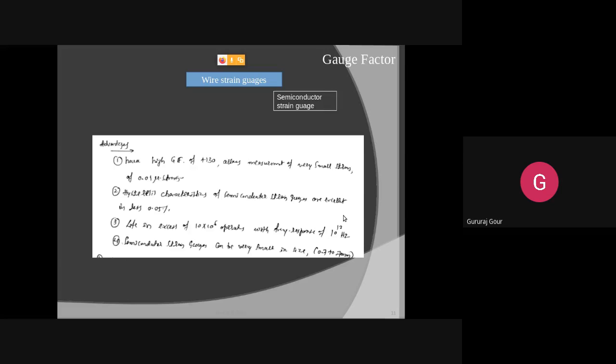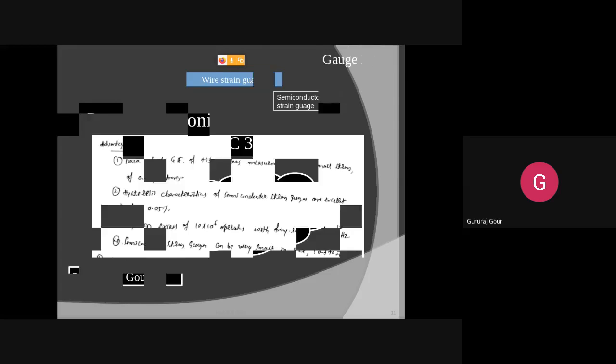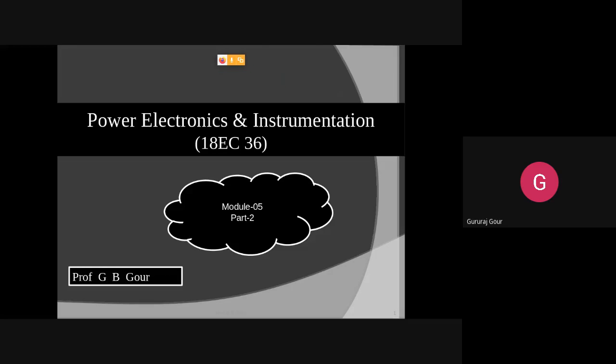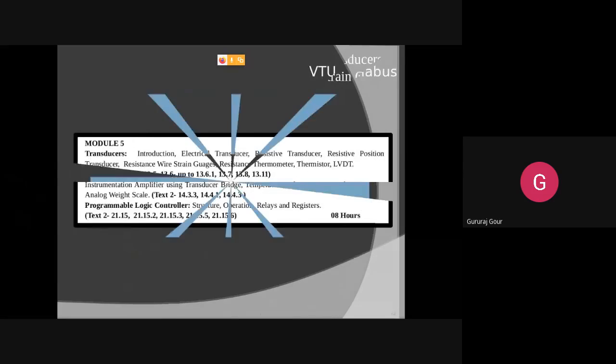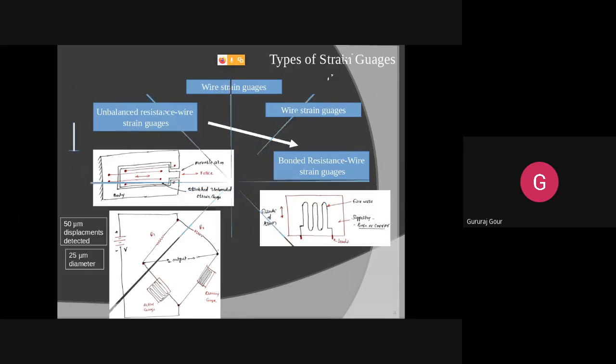So in this way, today we have seen how to define strain gauges, why we are going to study strain gauges, and how to derive the strain gauge factor with numericals. And we have seen the classification. If you look at the classification once again, under resistance wire strain gauges we came across two types, unbonded and bonded.